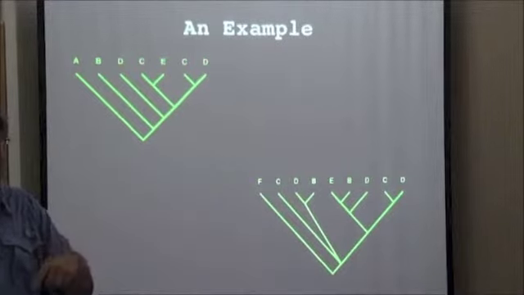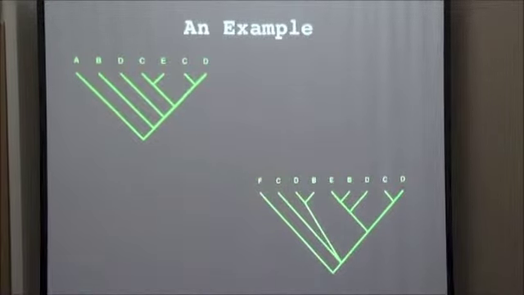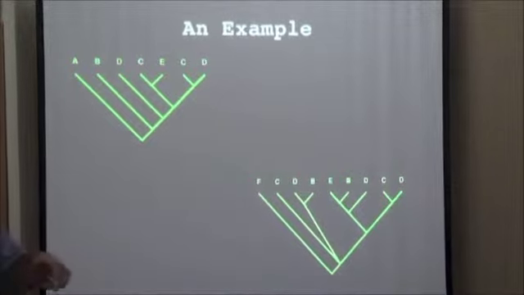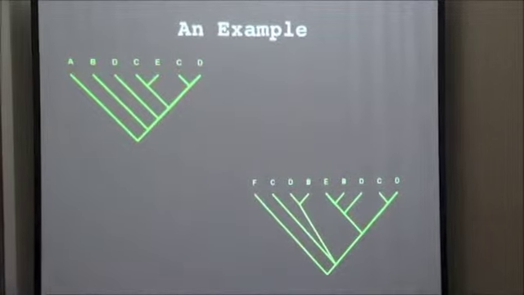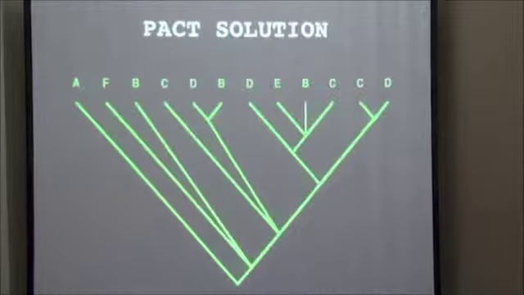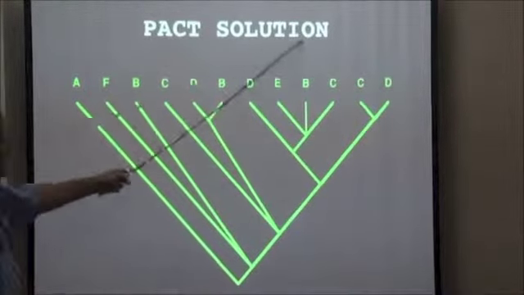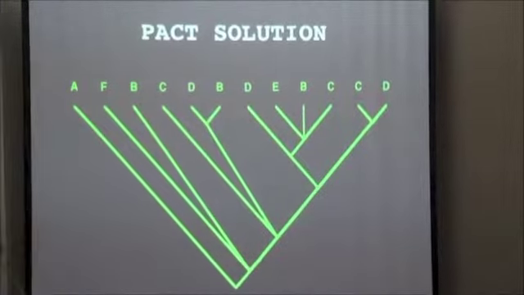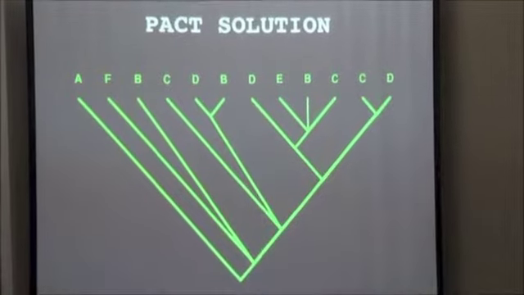So they came into the Caribbean in different ways, but once they got on the same islands, after that they participated in some shared dispersal and colonization of other islands.